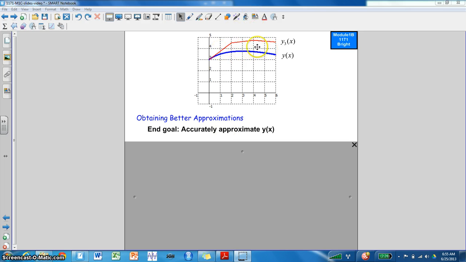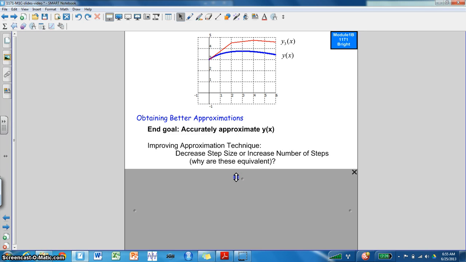Okay, so again, our goal is to accurately approximate y of x. Here, this approximation is okay if there's no other approximation available, but if we have numerical tools and approximation techniques available to us, we should try and use them as much as we can to obtain a better solution.